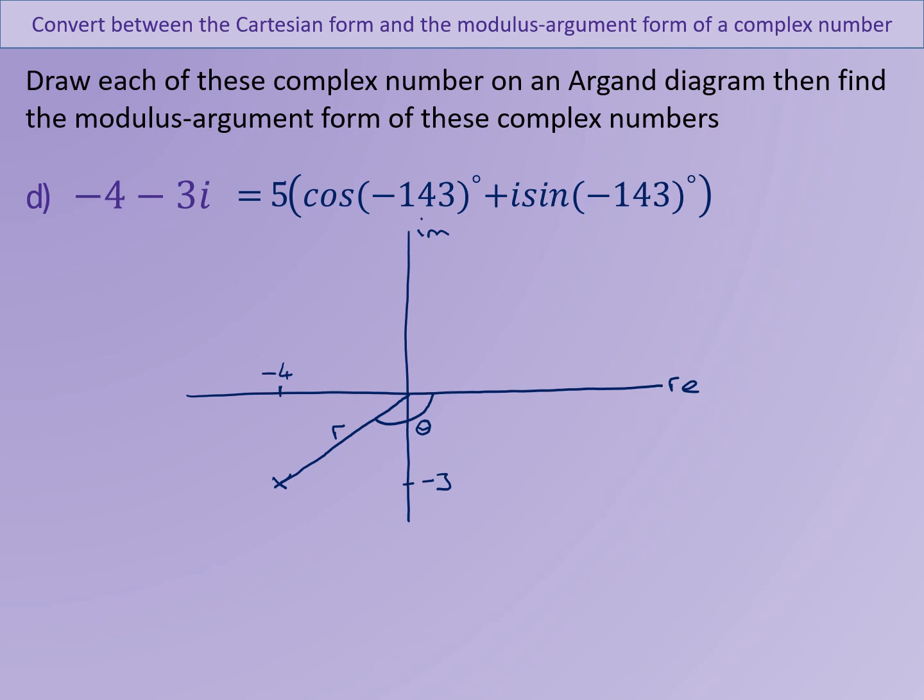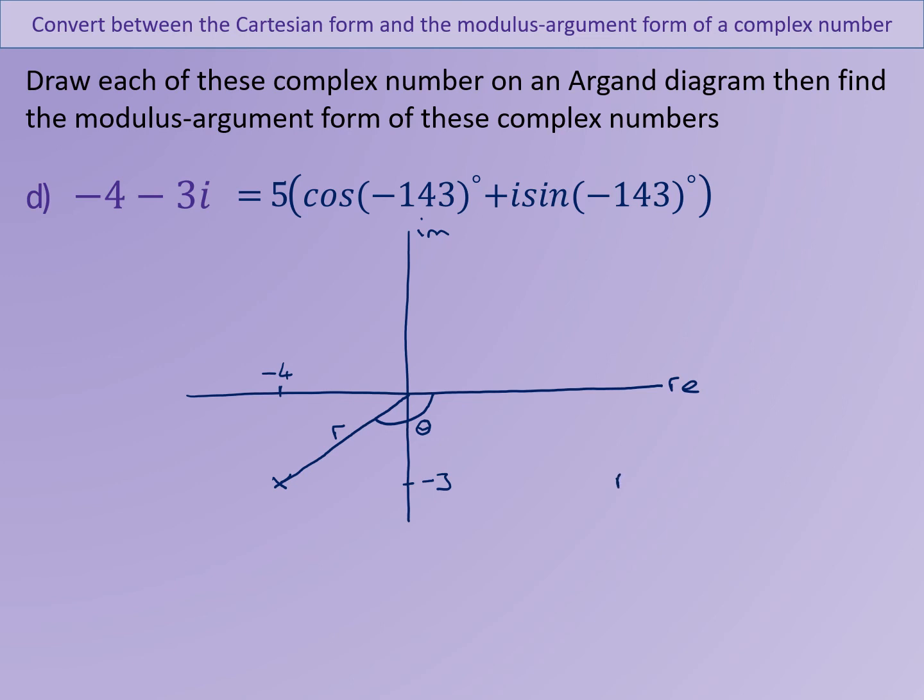If that was the case, you'd have to go around the top. But in this case, we are going to go clockwise. So because the argument is usually anti-clockwise, we're going to end up with a negative answer in this case.